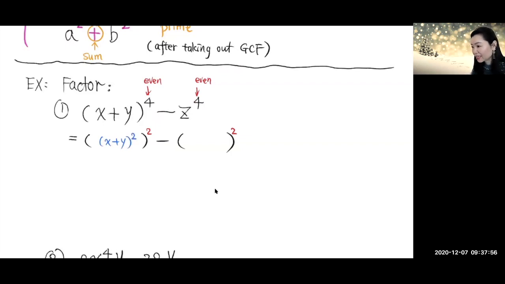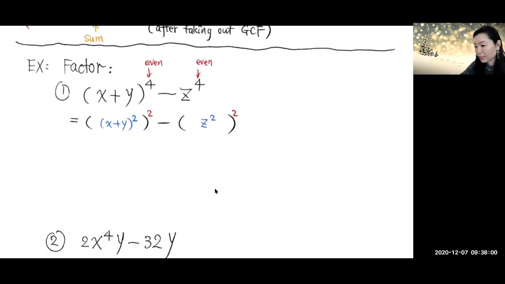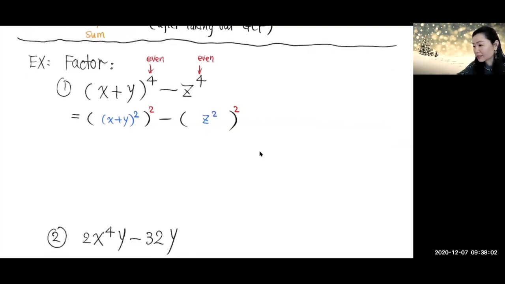The second one is the square of z squared. Okay, good. I saw your answer in the chat. So indeed that is the difference of 2 squares. Because we're in intermediate algebra now, we have this more complicated expression to factor right here.